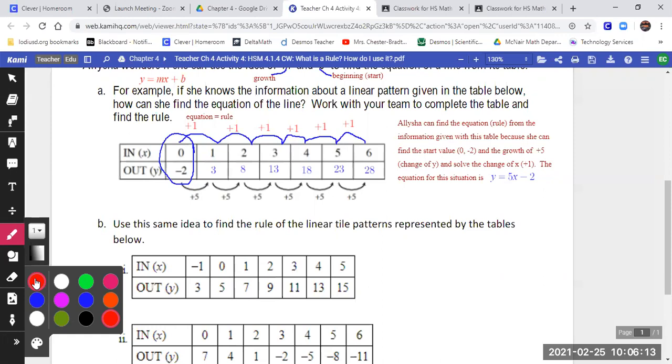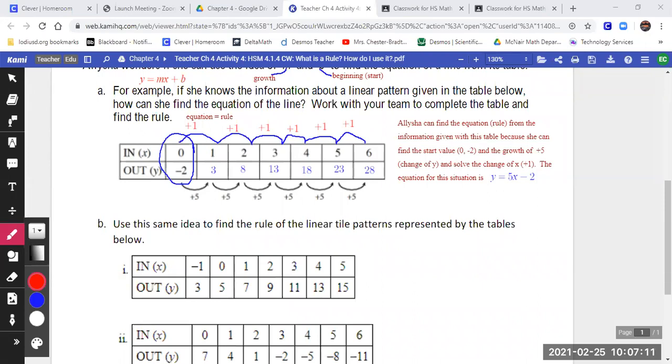What do I visually add to my table so I can find the growth?